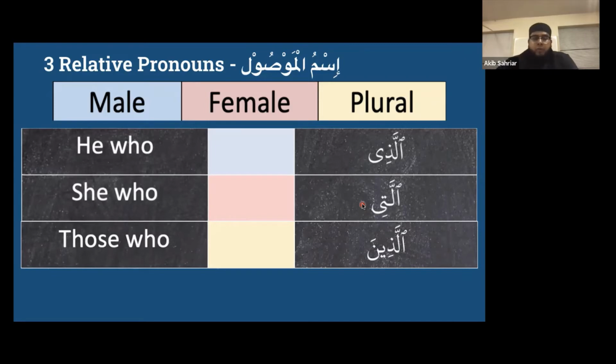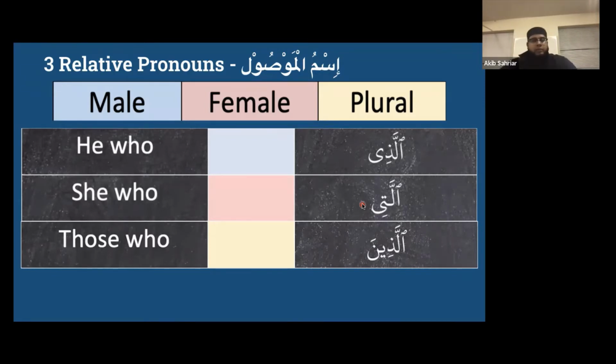So if you use that same verb for a female, then all we have to do is add a ta to that, right? Katabat imra'atun, or katabat Aisha or Khadija, right? So we're going to add that ta at the end of a verb sometimes too, to denote a feminine verb or feminine word, right? So that ta is constantly used in Arabic to denote feminine words, not all the time, but most of the time.